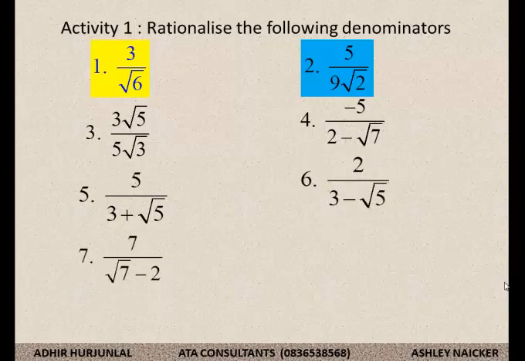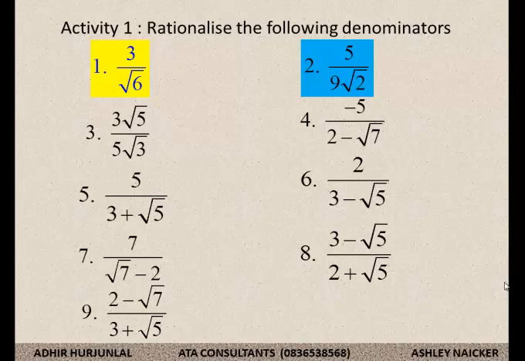Example number 7, still a bit easy. Example number 8, not so bad. Example number 9, and finally example number 10, which should be the toughest of all the examples. But as I said in the past, don't worry much about it. If you can do one example, you can do any example.